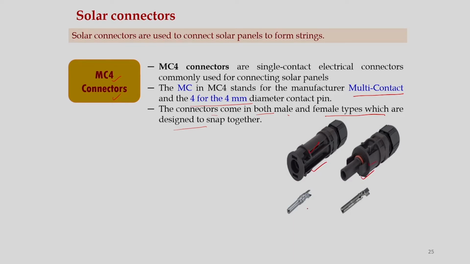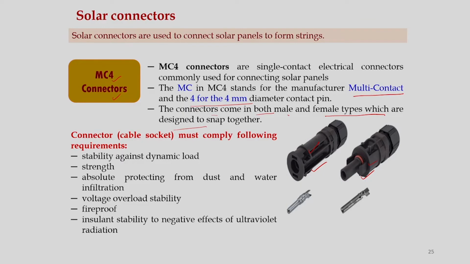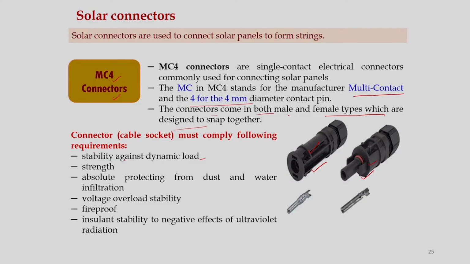These are classified something like this, and these connectors must comply with the following requirements. Like stability against dynamic load, because with respect to irradiance and temperature, the load will vary, so it has to be stable against the dynamic load. Then strength, and absolute protection from dust and water infiltration.